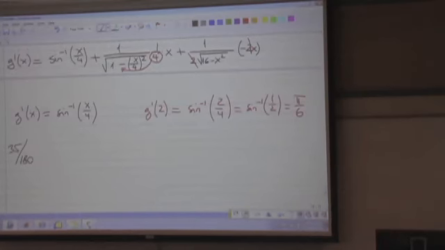The limit as x goes to minus 1 plus of sine inverse of x.